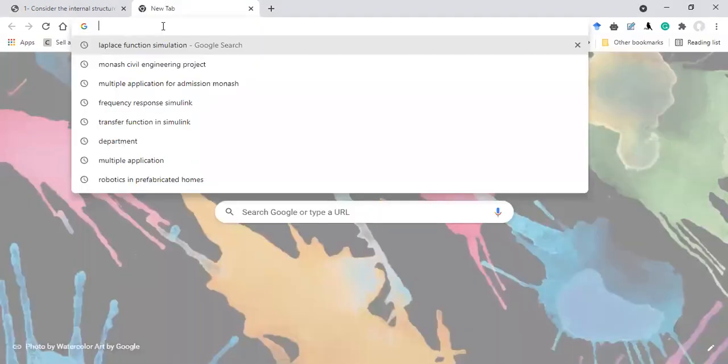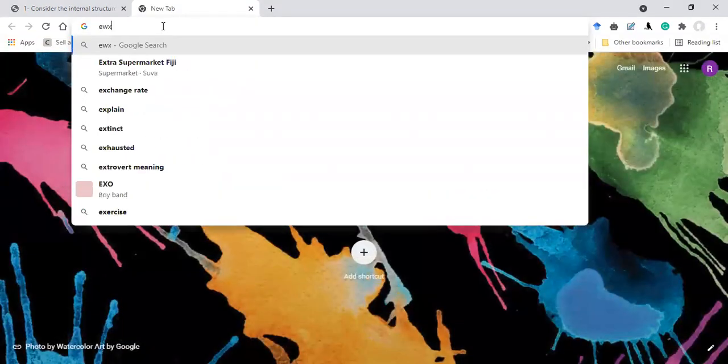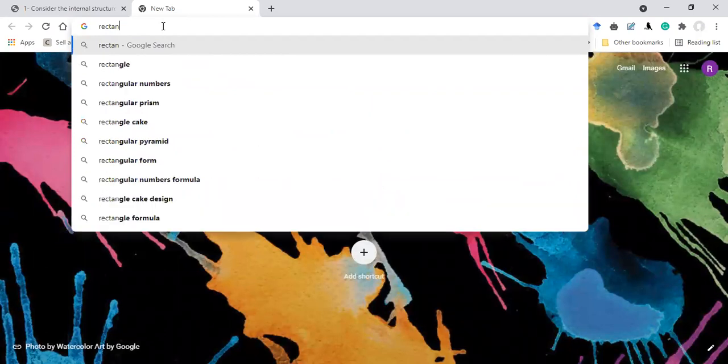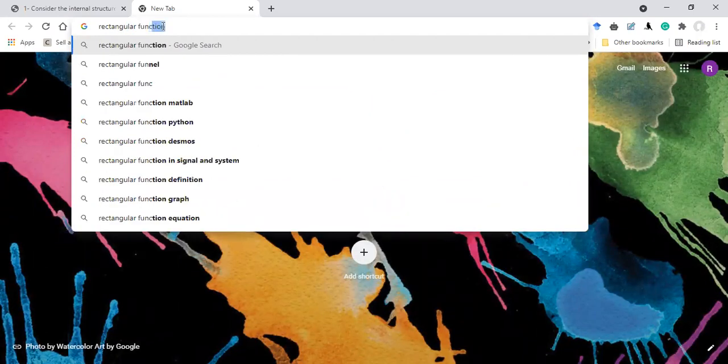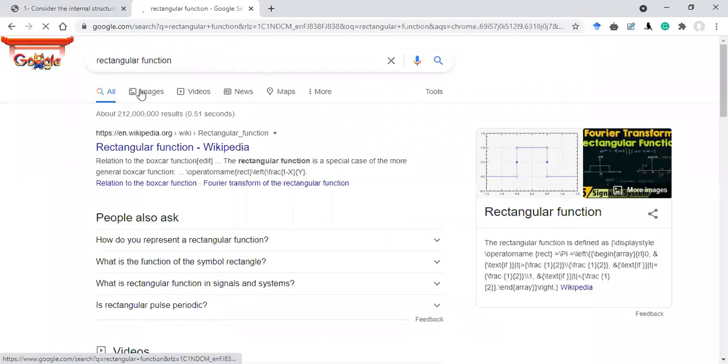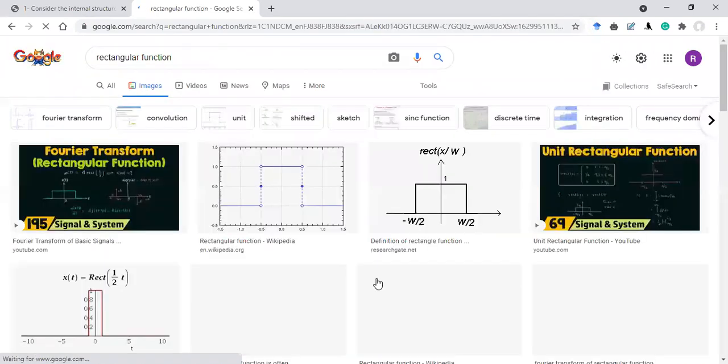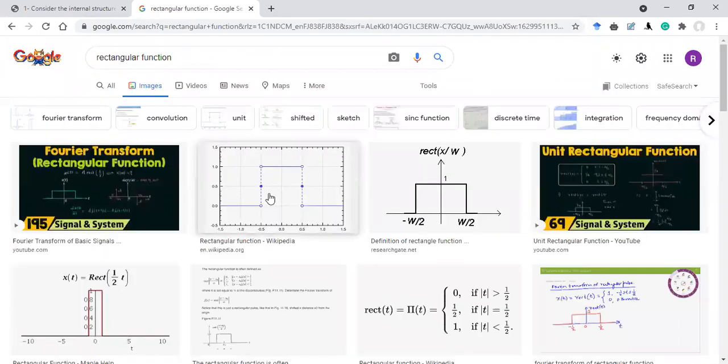Okay, let me just quickly show you. This is a rectangular function, just a quick recap. Let's take this one.